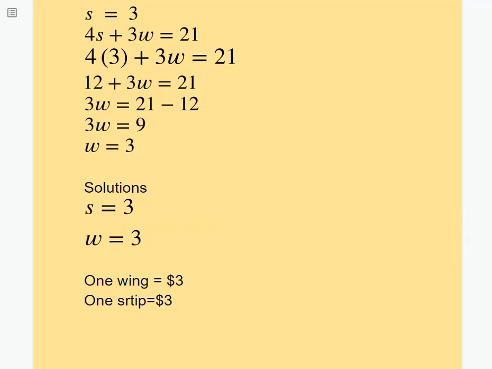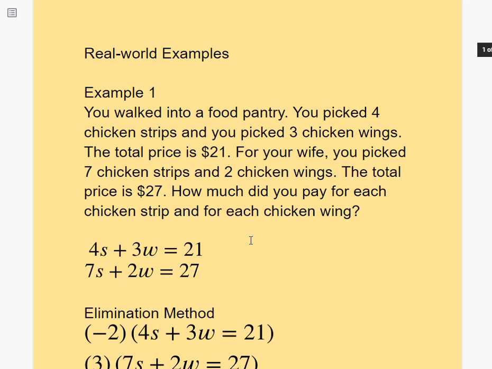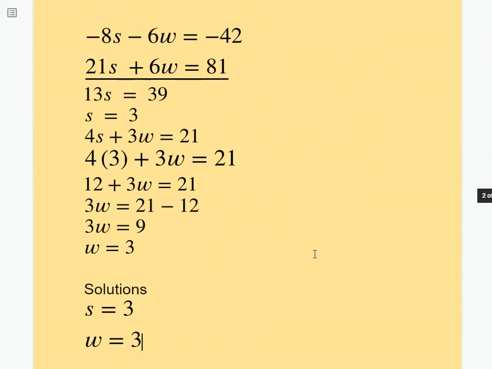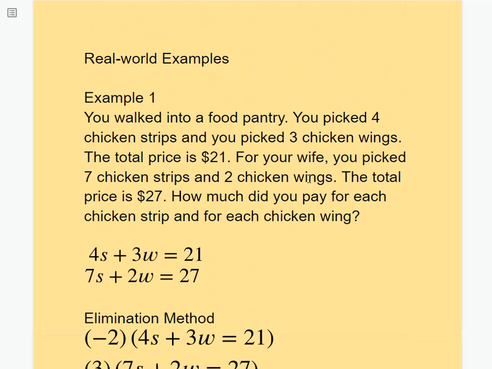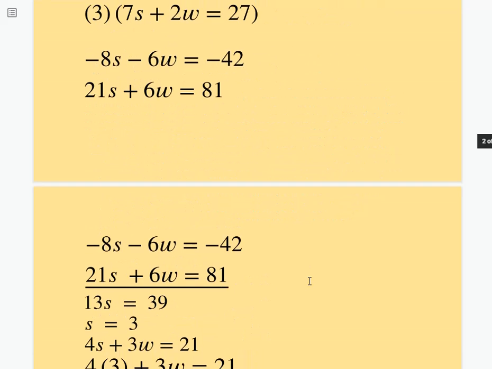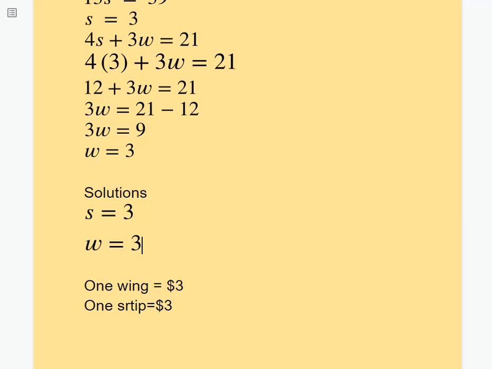Choose one so that it won't confuse you. But you don't have to. The way the problem is described, you can just name them wing and strip, S and W, to go faster. But anyway, let me leave it there. I think it took almost half an hour. But anyway, we're done.